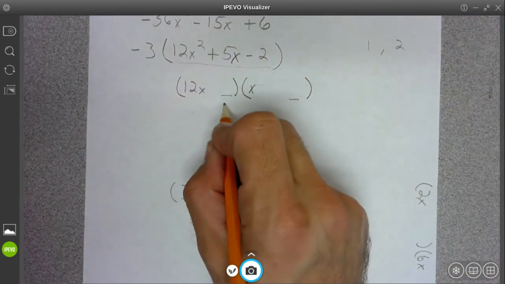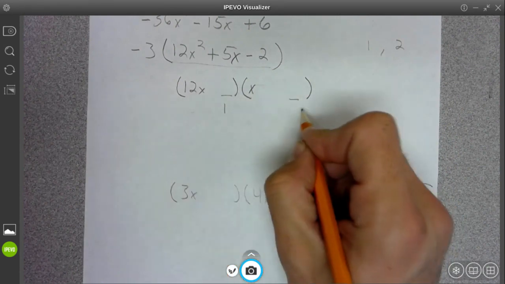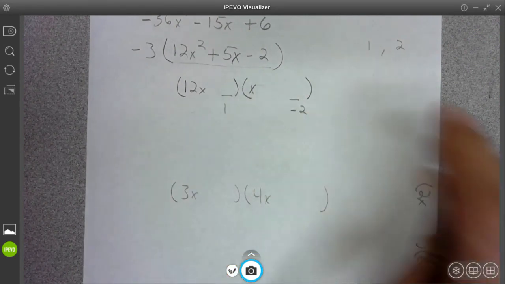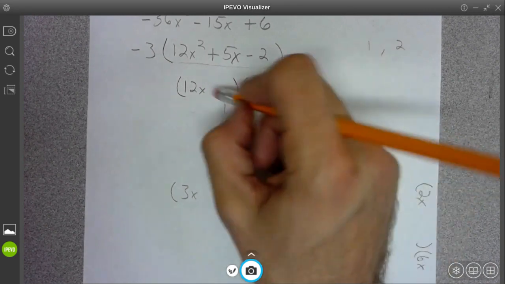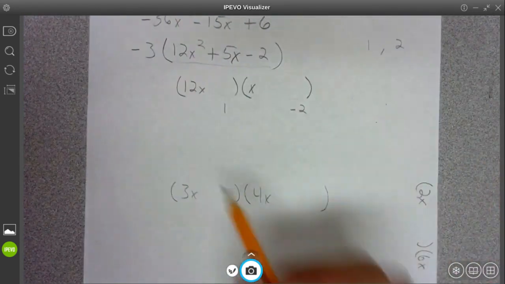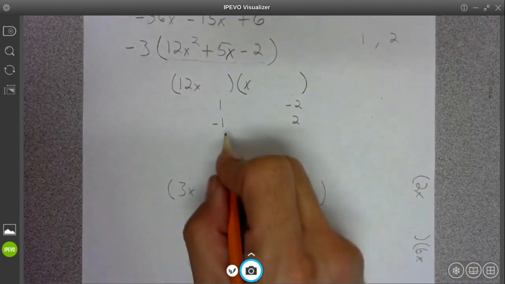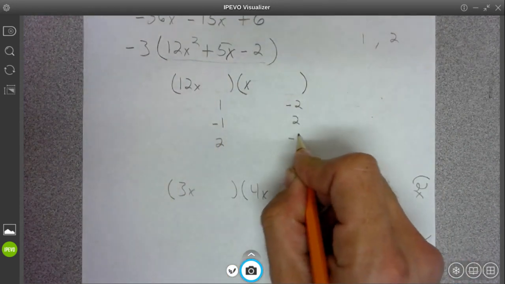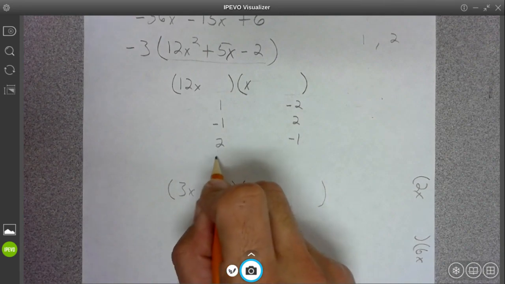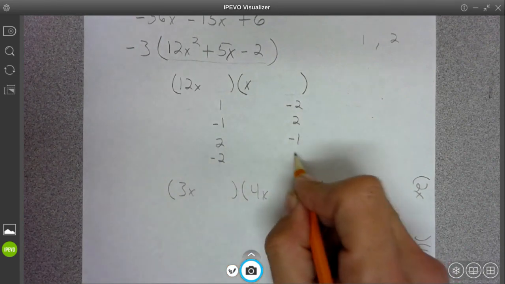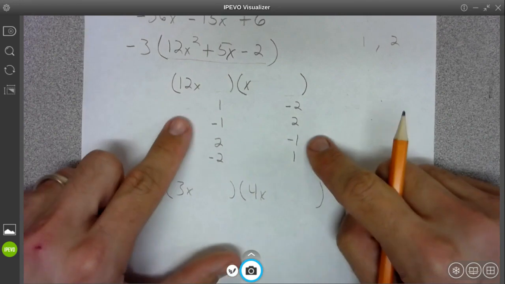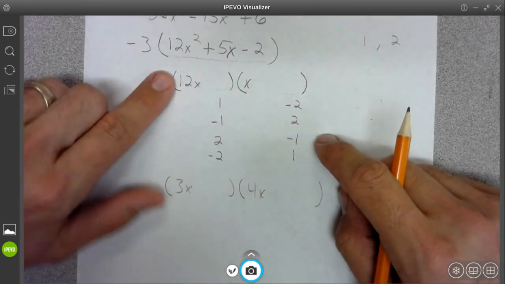All right, so it could either be a positive 1 and a negative 2, or a negative 1 and a positive 2, or a positive 2 and a negative 1, or a negative 2 and a positive 1. So I'm going to try these 4 options for this one.